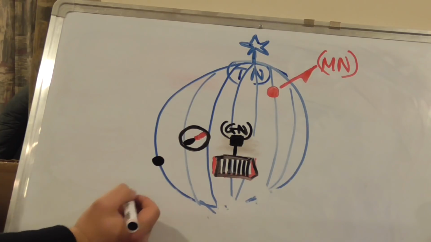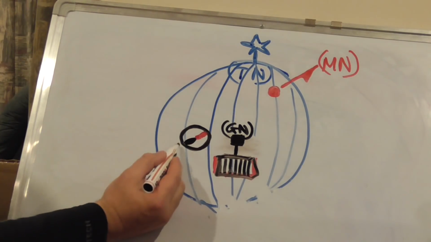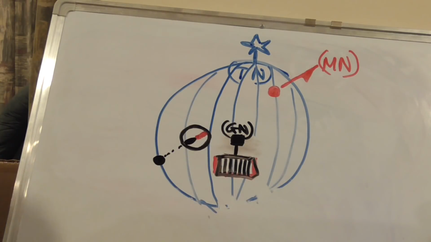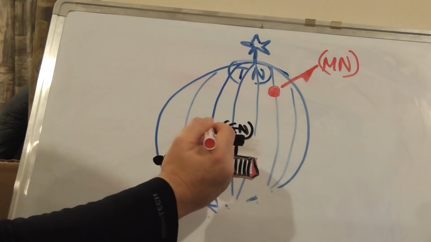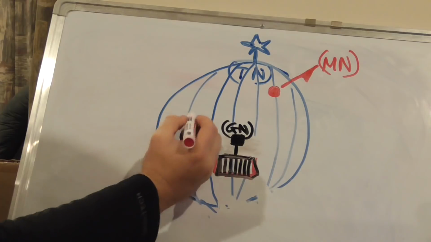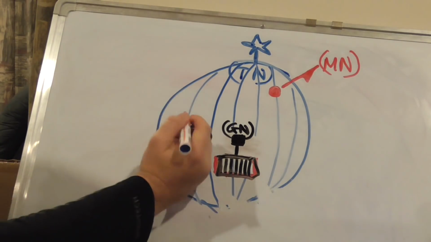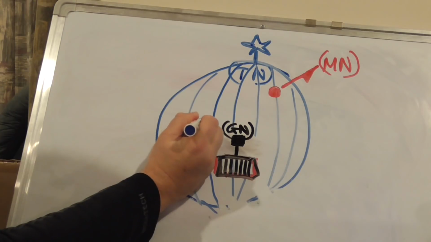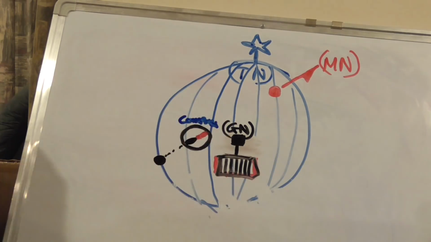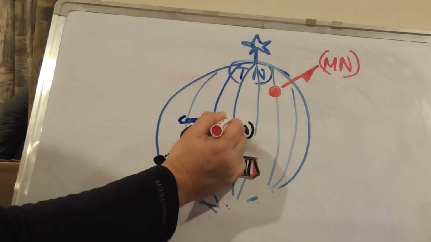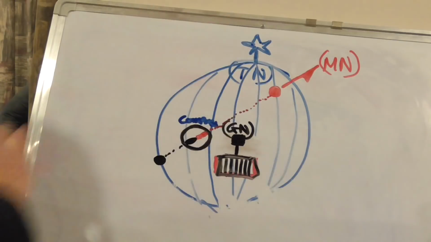But that would be pointing towards magnetic south, and the red one, the red needle on the compass, this is our compass. Alright, the compass magnetic needle, the red one here, would be pointing in the direction of magnetic north.